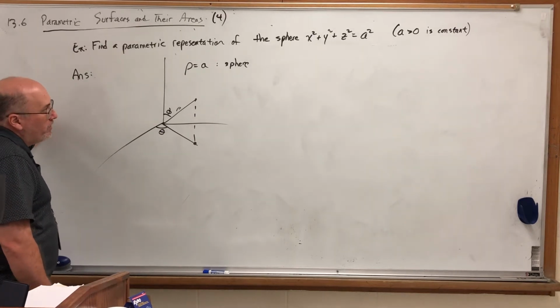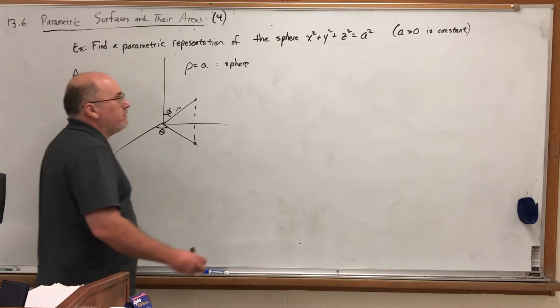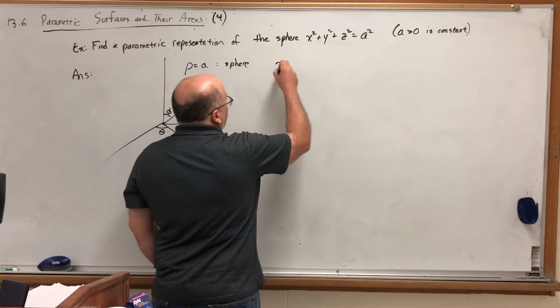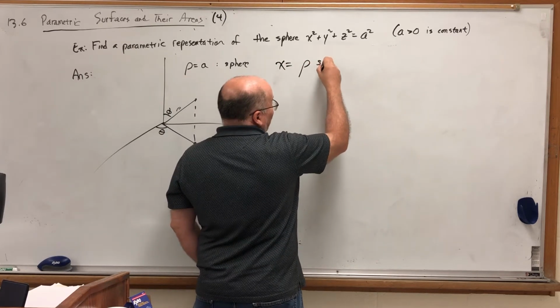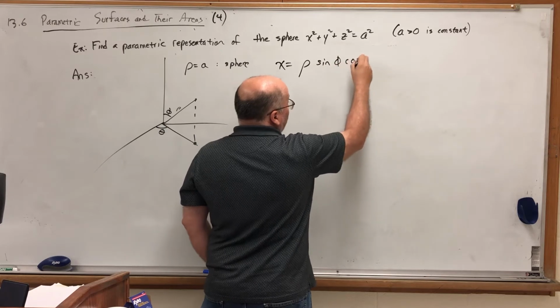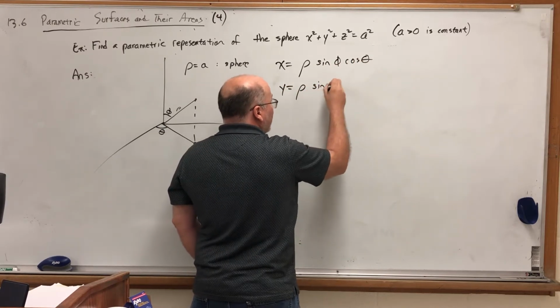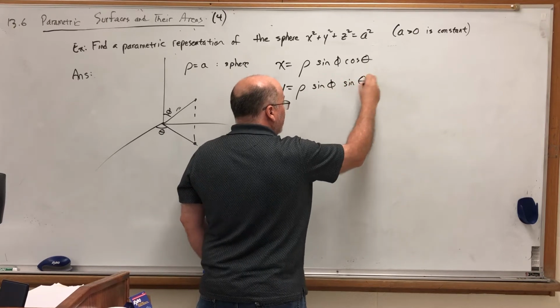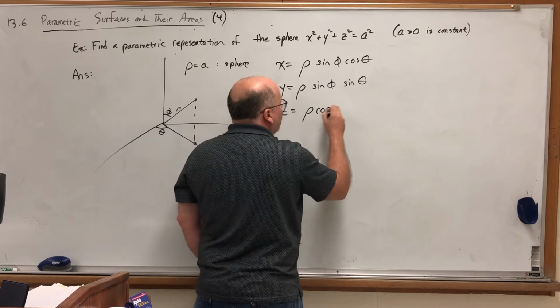So we can just parameterize x, y, and z in terms of theta and phi by using the spherical coordinates, where x was rho sine phi cosine theta, y was rho sine phi sine theta, and z is rho cosine of phi.